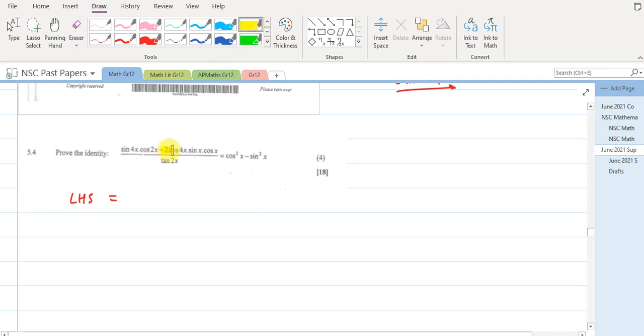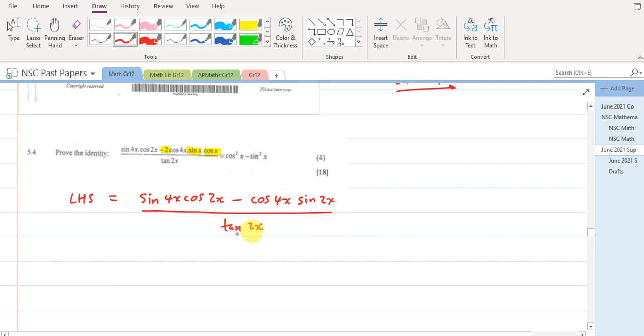So we got 2 sine x cos x, so let's shrink that, make it smaller. So we got sine 4x cos 2x minus cos 4x, and then 2 sine x cos x becomes sine 2x, right, divided by tan 2x.